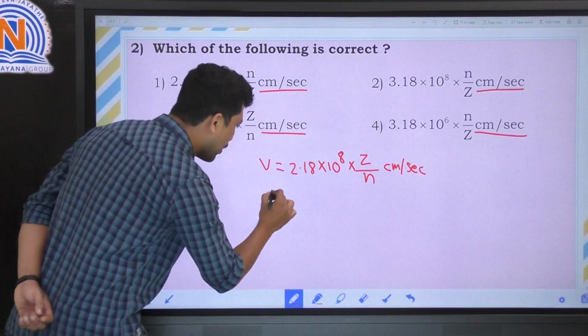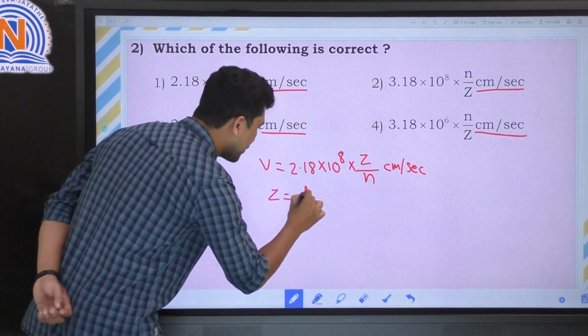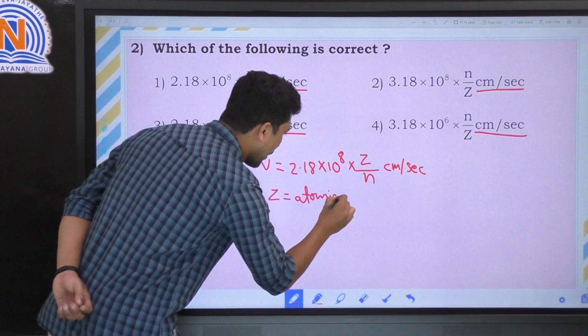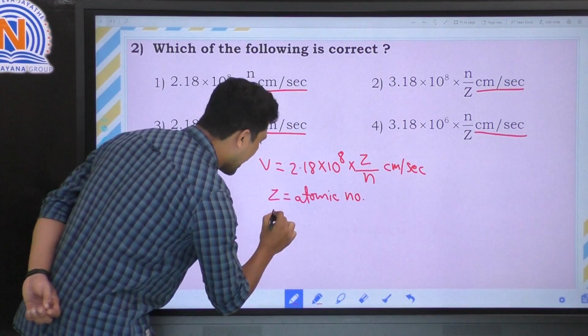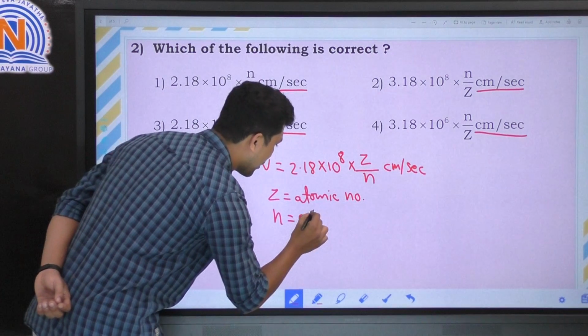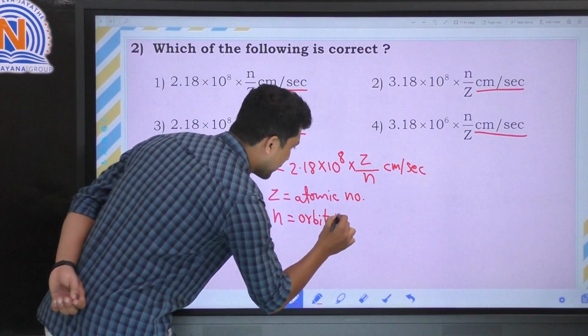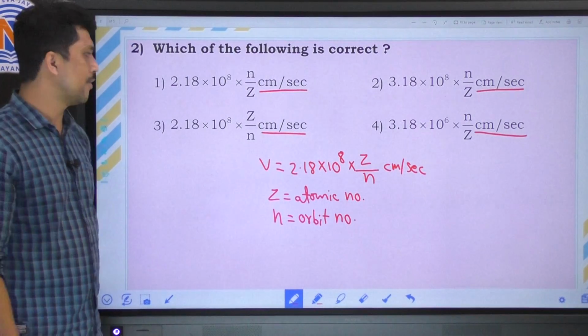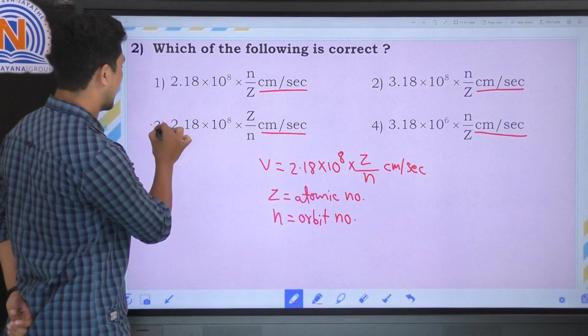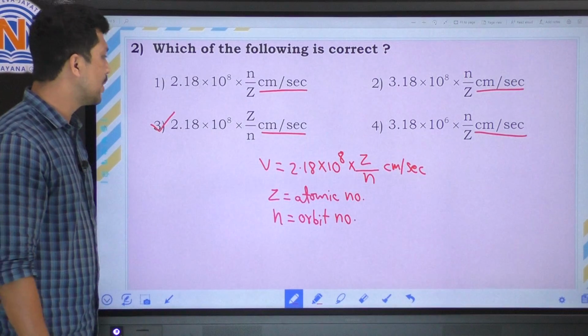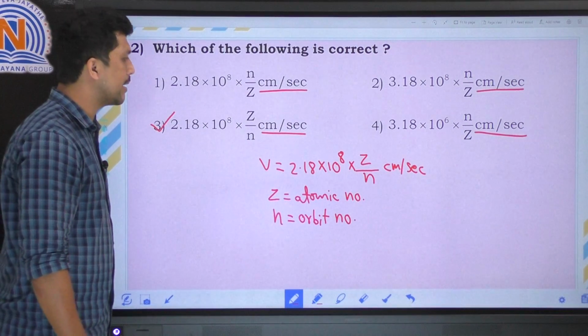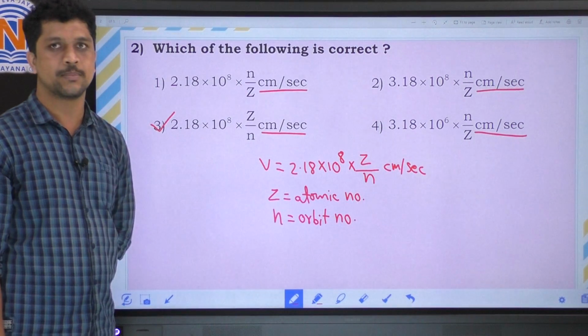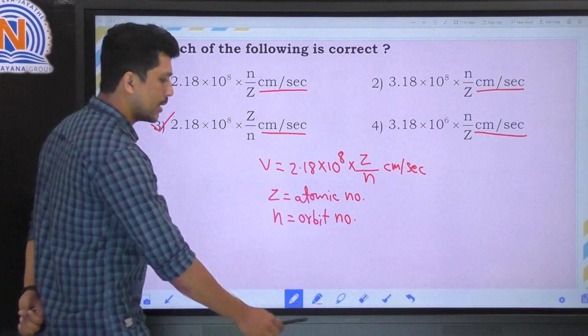Here Z equal to atomic number, and n equal to orbit number. So the correct option is third option, 2.18 into 10 power 8 Z by n centimeter per second. Let's move on to the next question.